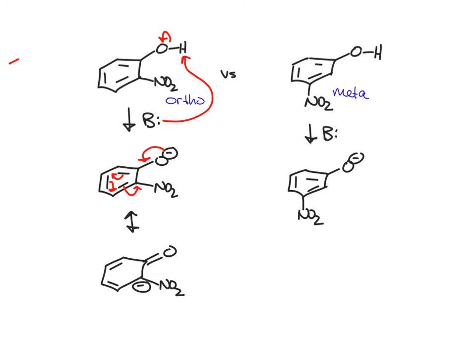versus when we have the nitro meta, we can push these electrons around, but the closest you're going to get is one atom away from the nitro's carbon.